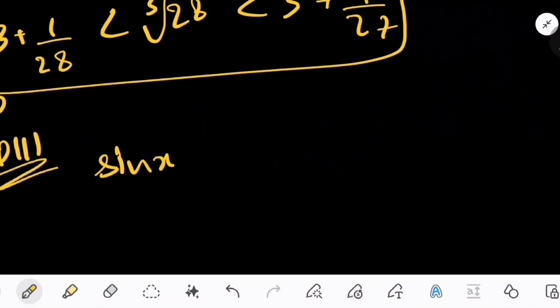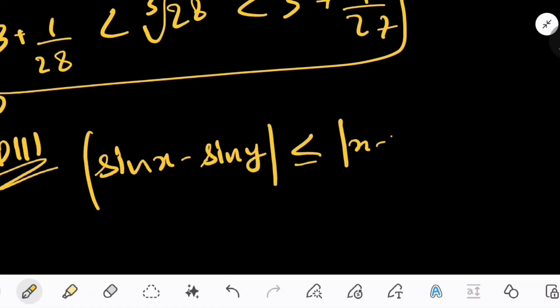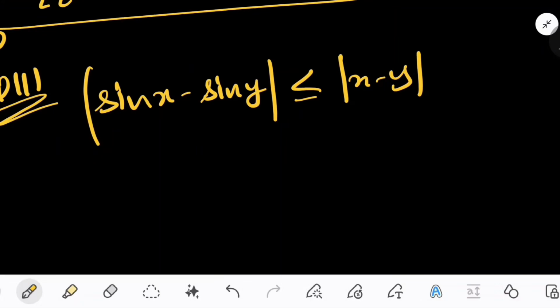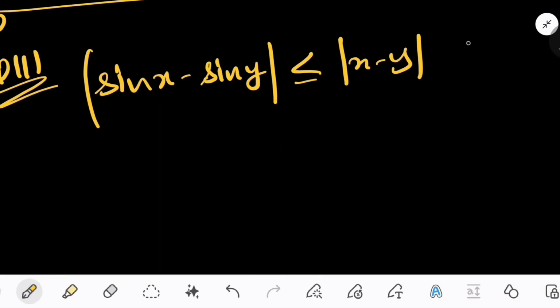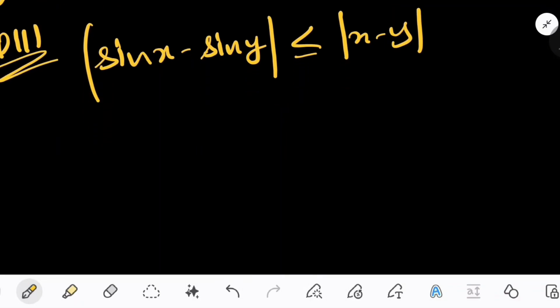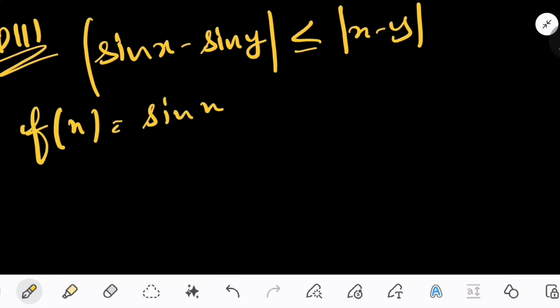Sine of x minus sine of y is this quantity, right? Okay. So what you can do is that you can assume f(x) as sine of x, right? Simply assume this expression.